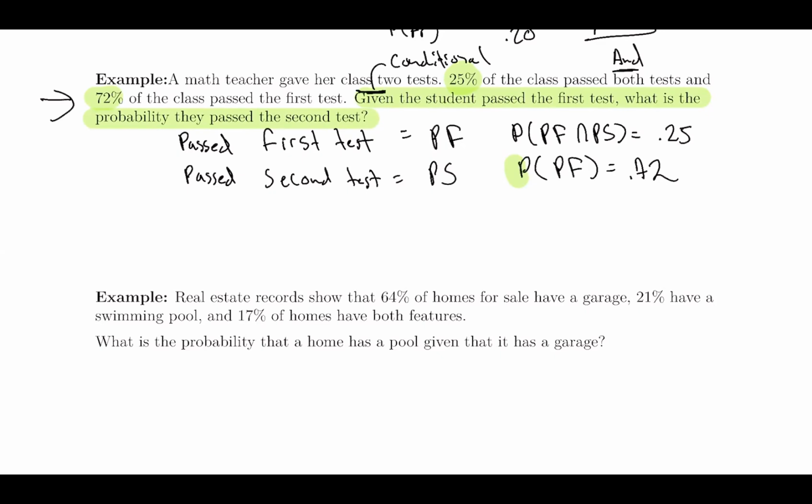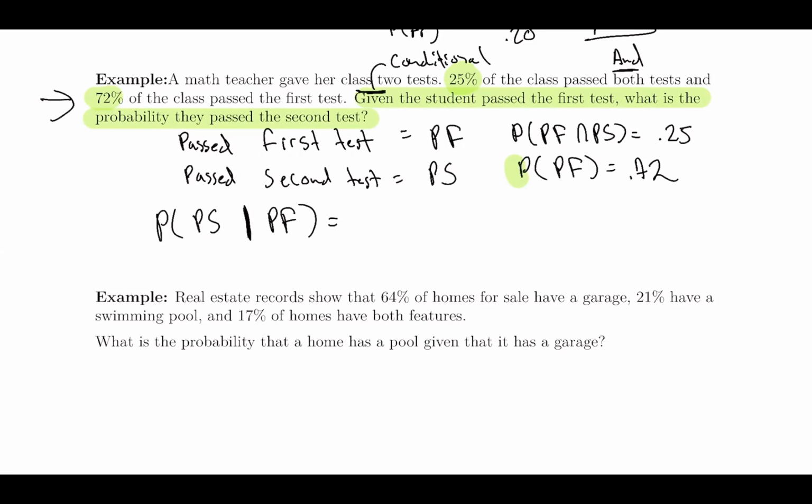So what information is given to me? Is it given that they passed the first test, or given that they passed the second test? Perfect. Given that they passed the first test. Since that's the given, you put that after the vertical bar. So we want to find the probability they passed the second exam, given we already know they passed the first exam. You could kind of think about it: if you didn't pass the first exam, the chances that you pass the second exam is less likely.